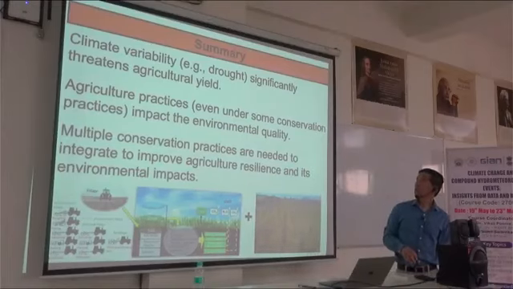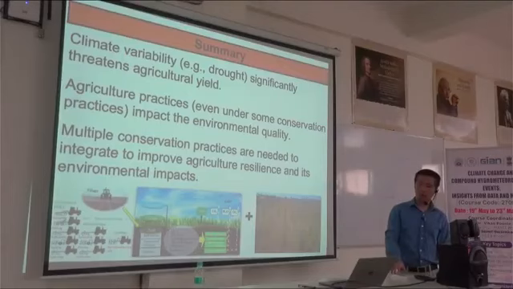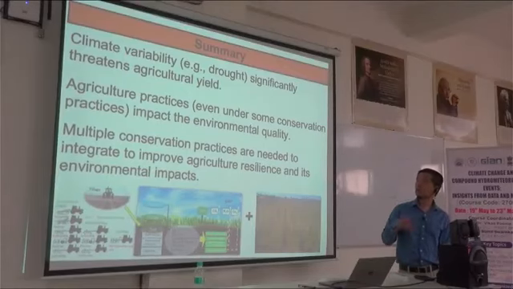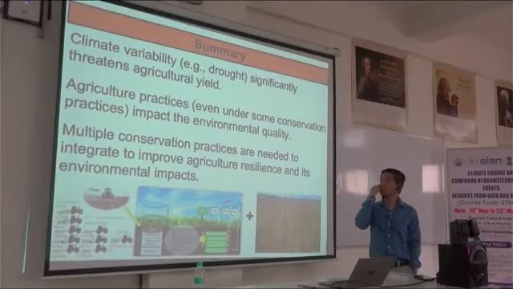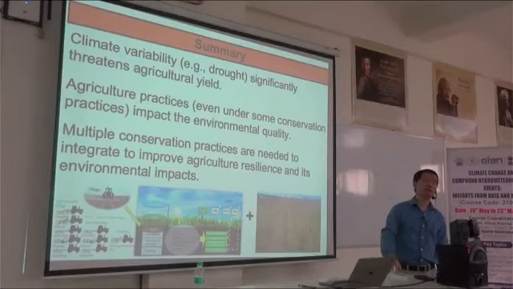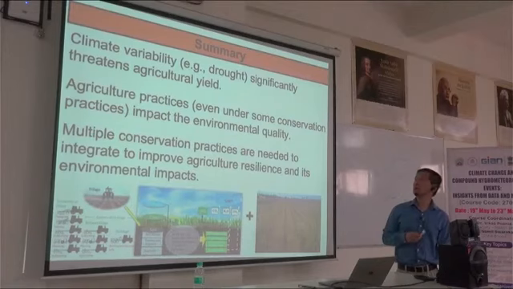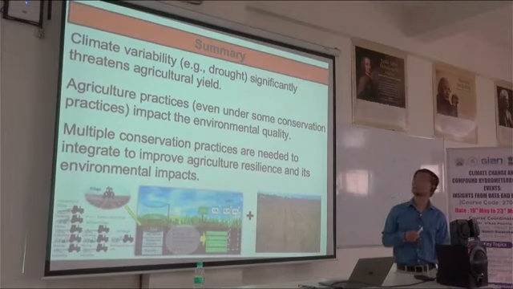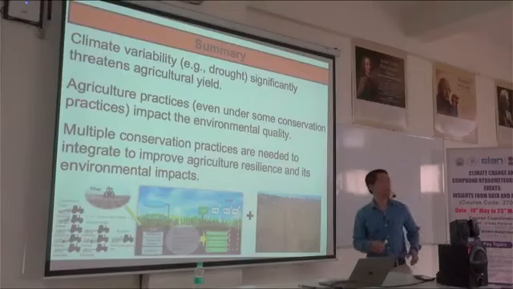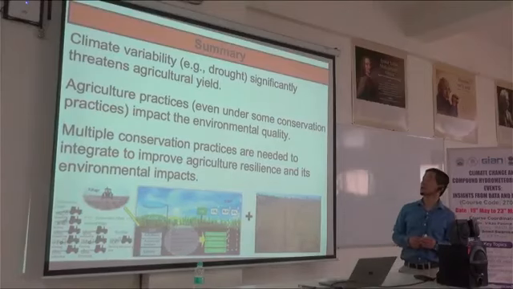So I guess, just a quick summary of today's talk, the first lecture. When we think about agricultural production, it is really threatened by climate variability, especially drought conditions, right? That is a very significant factor.